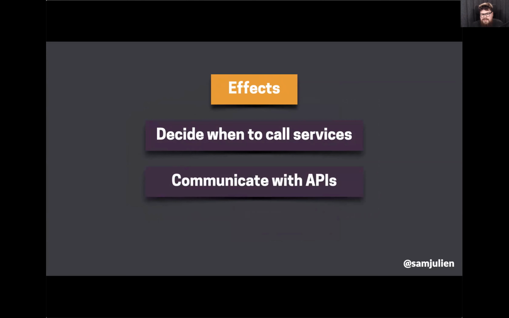They also communicate with APIs. These first two things are what people naturally understand effects to be. When you need to reach out to an API that's probably contained in a service, then you use an effect to call that. That's the most natural place to use an effect in NgRx.